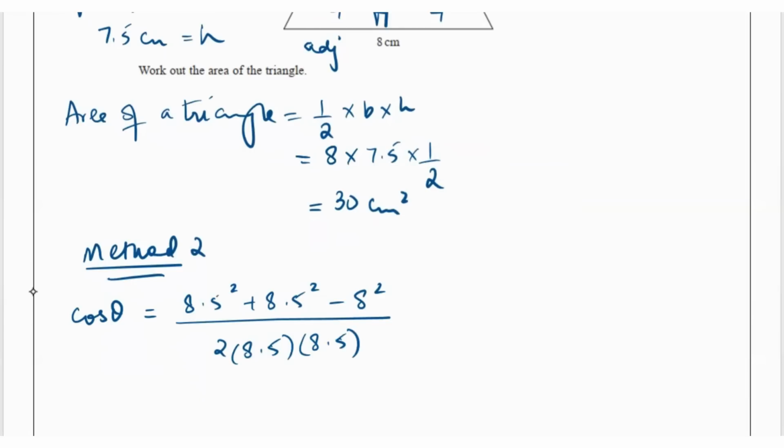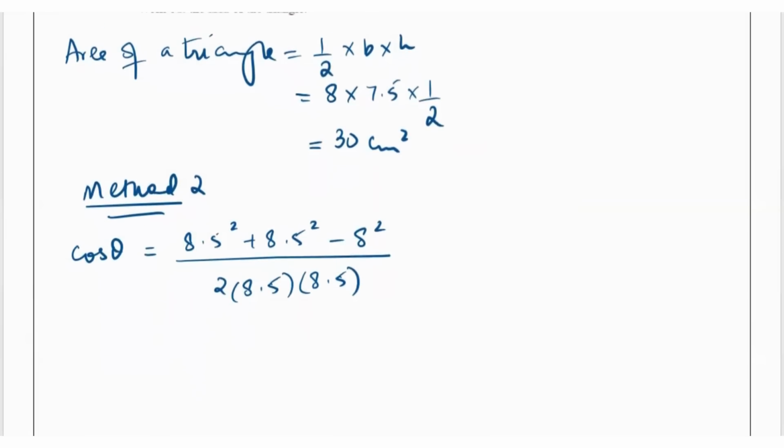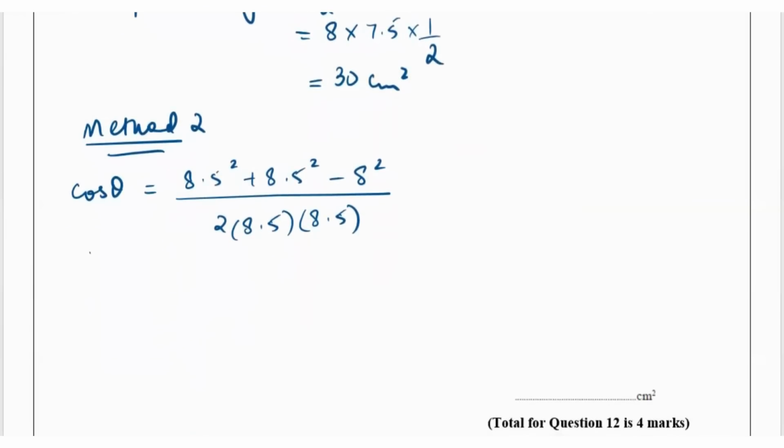So what you can do is just rearrange that rule and make cos theta the subject to find the angle. It's the same rule, but we just rearrange the values. So cos theta is going to equal 8.5 squared plus 8.5 squared minus 8 squared, so that's 80.5, divided by 8.5 times 8.5 times 2. That's 144.5. Theta is going to be cos inverse of this fraction.